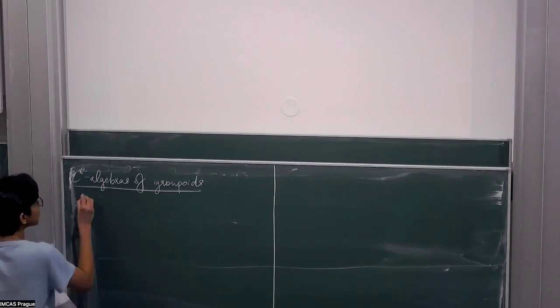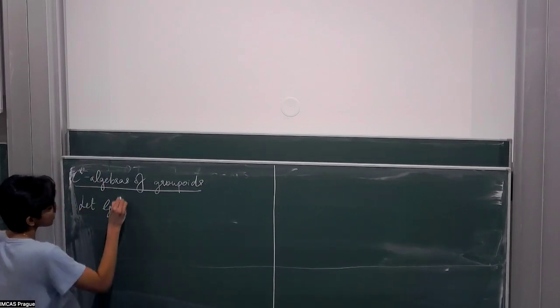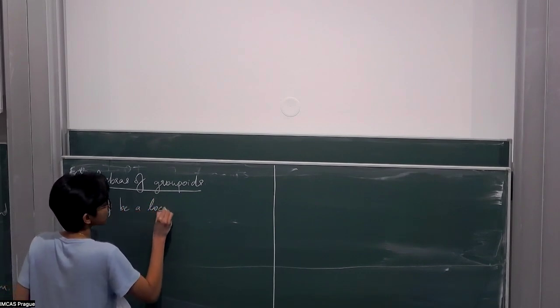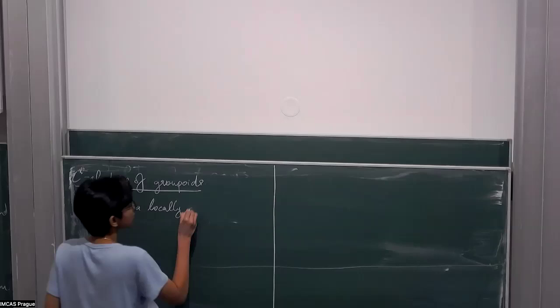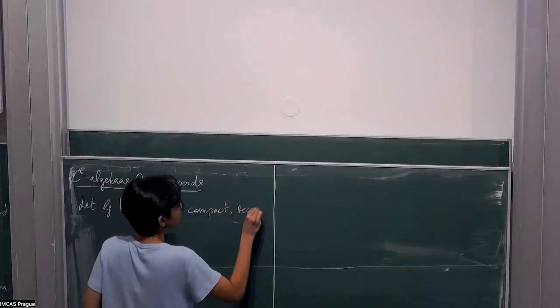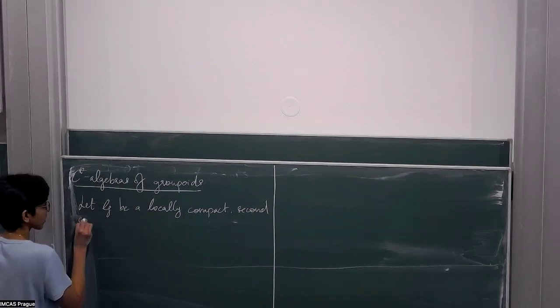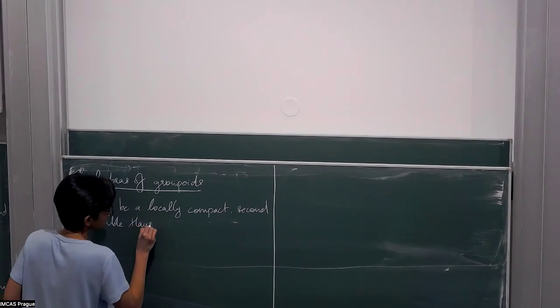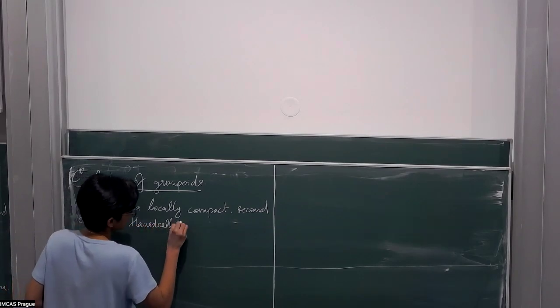So let G be a locally compact, second countable, Hausdorff groupoid.